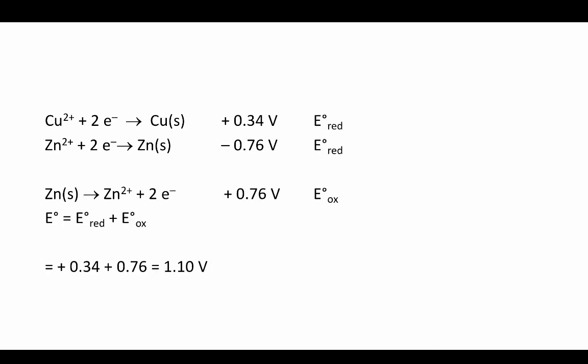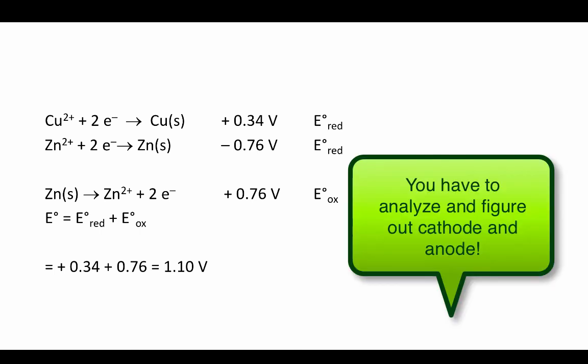as I pull these values off of the table, both are being pulled off of a reduction table, so these are both the standard reduction values. But I know that zinc is actually oxidized. It's from the same logic that zinc is a more negative value, it's lower down on the table, therefore it is more likely to be oxidized.